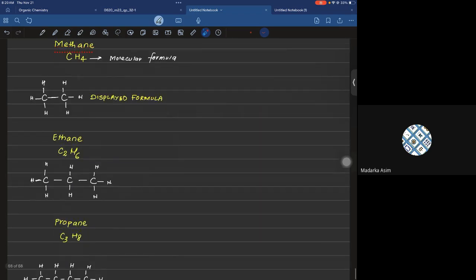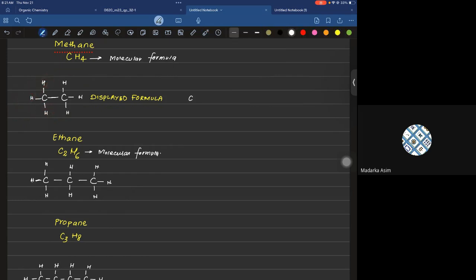Then I have this ethane. This is called the structural formula, and obviously this is known as the molecular formula. Now, if I am going to write this structure in this manner, see how many hydrogen atoms you have?